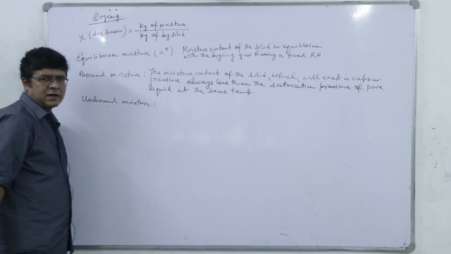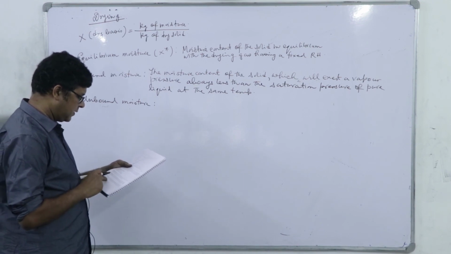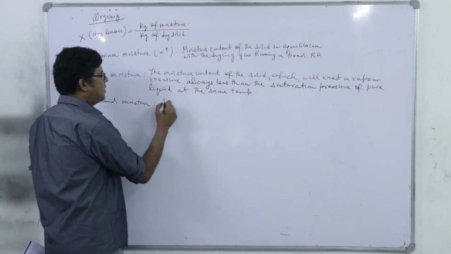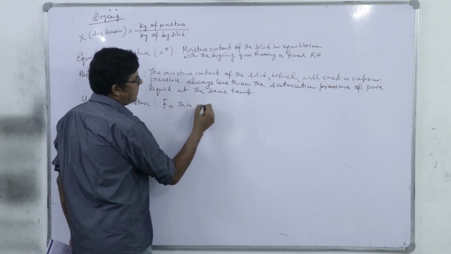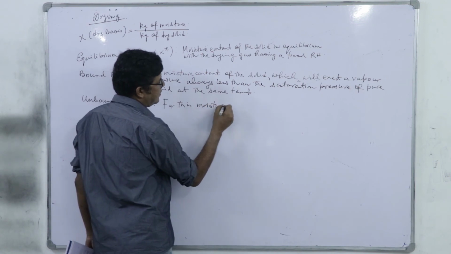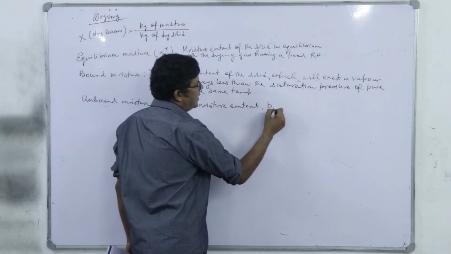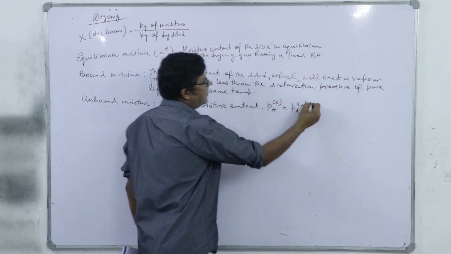This refers to the moisture content of a substance which exerts an equilibrium vapor pressure equal to that of pure liquid. So, for this moisture content, PA is equal to PA sat.